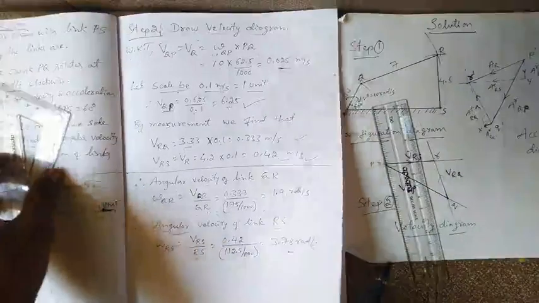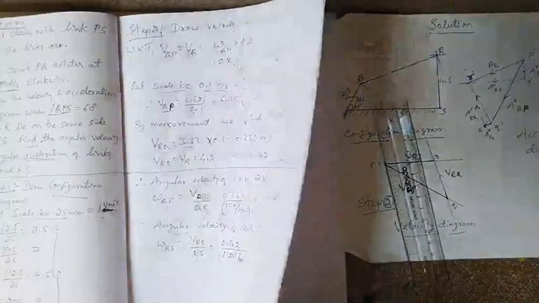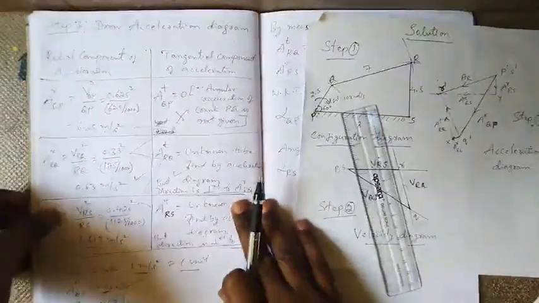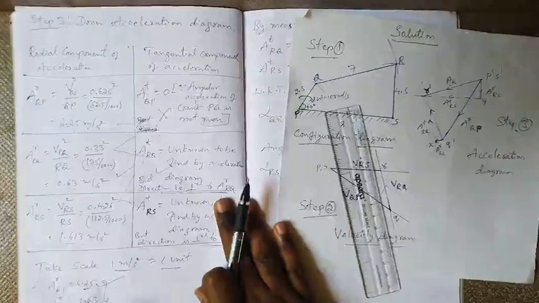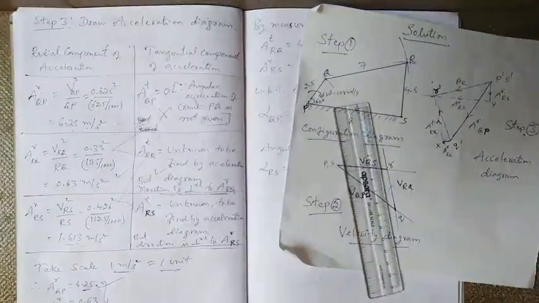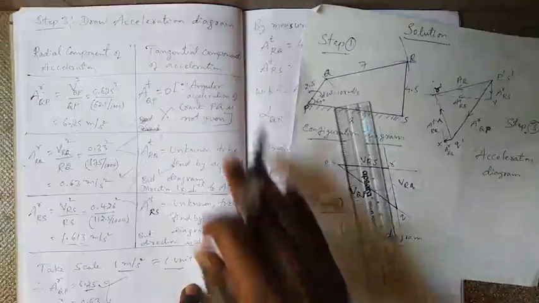Now let us move on to the third step, the construction of the acceleration diagram. To draw it, first we should do some calculation. We have to find the radial component and the tangential component of acceleration.